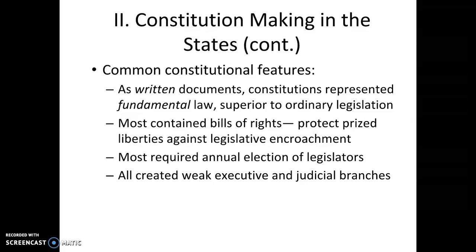And if you think about it in that context, it makes a lot of sense that they would create a weak executive, and a judicial branch that was used to punish them, and again became just a tyrannical arm of that tyrannical executive. It would make sense that they would make the judicial branch weaker.